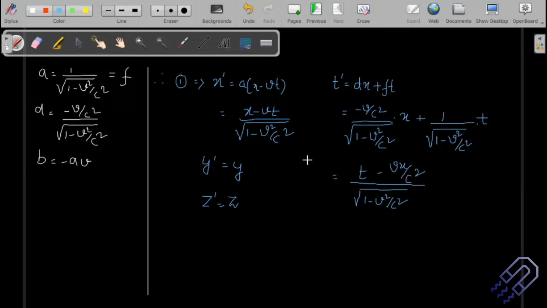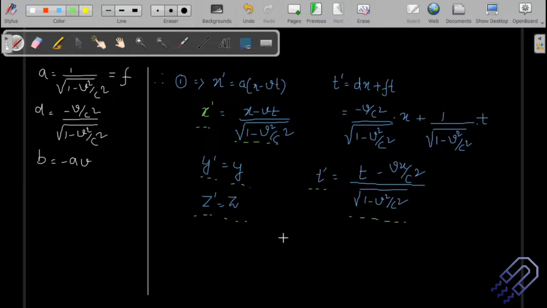So we have got these four relations here. Which are the four relations I'm talking about? First is this, x prime is equal to this, y prime is equal to y, z prime is equal to z, and t prime is equal to t minus vx by c square divided by root over 1 minus v square by c square.